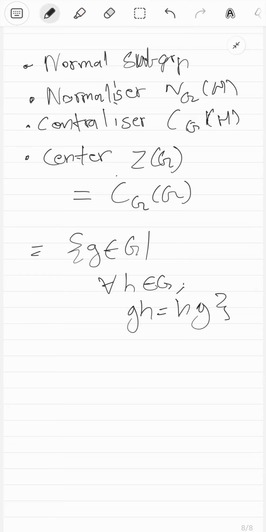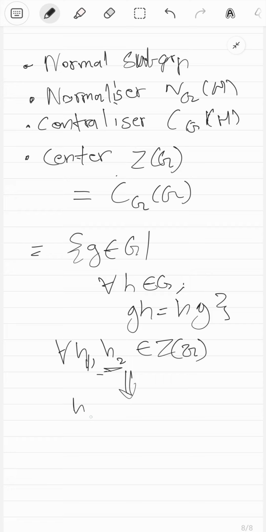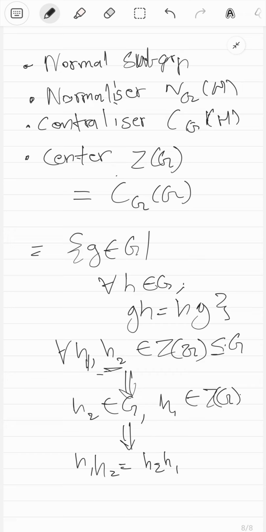One thing to notice is that this is a commutative group, by default, right? So for any two elements h1, h2 in Z of G, h2 is in capital G and h1 is in the center of G, which is obviously true because this is a subgroup of G. But by definition, this implies that h1h2 is equal to h2h1, and so any elements in the center commute.